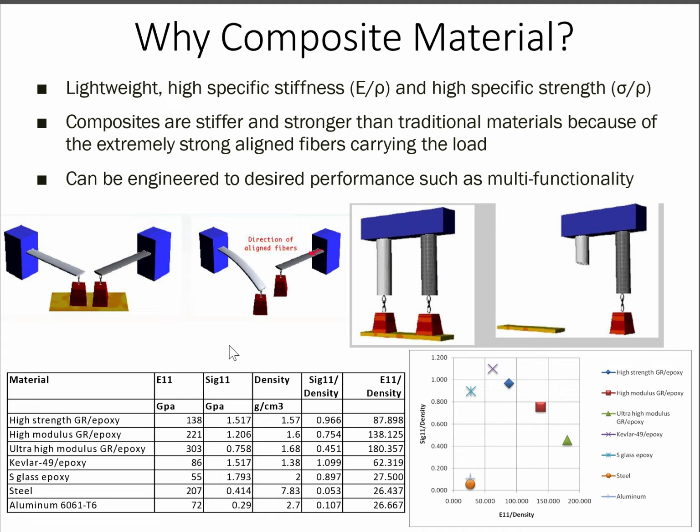One thing that you have to keep in mind is that the strength of composites is directional. So a composite can be very strong in one direction and very weak in the other direction. You can see examples of the strength and density of different types of composites compared to aluminum and steel in this table right here.